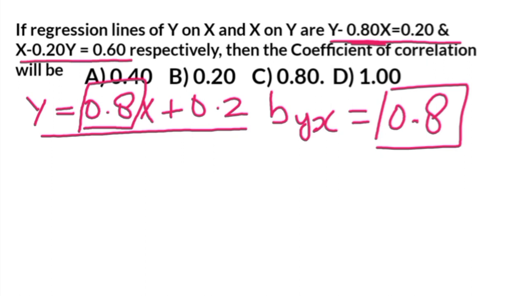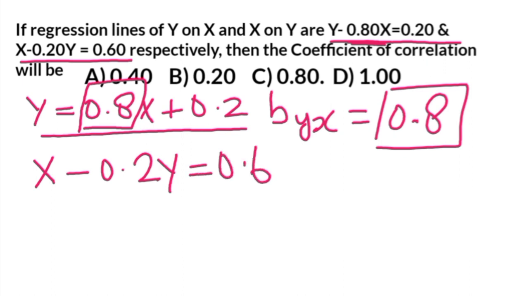Similarly, we take this equation, that is x minus 0.2y = 0.6. Since this is x on y, we will solve it for x.